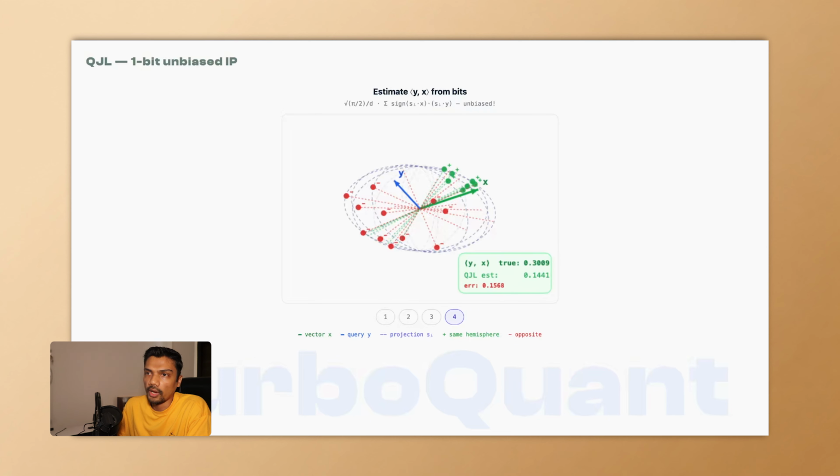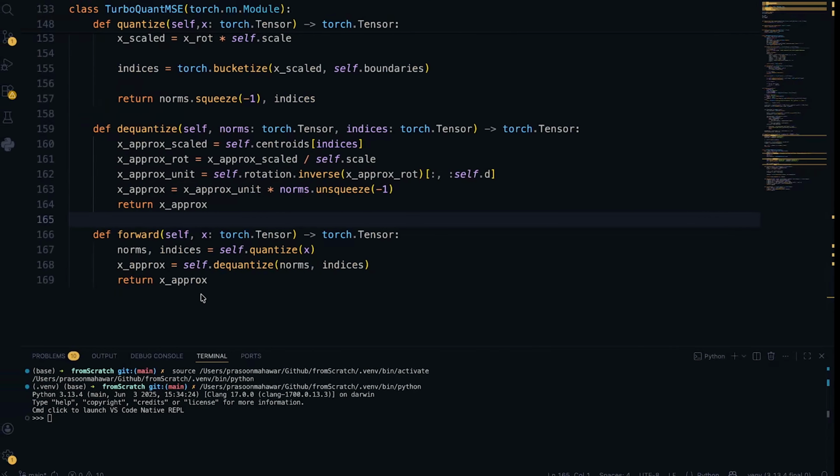This means square root of pi by 2 times sign of s_i dot x times s_i dot y is an unbiased estimator of the inner product of x and y for each row i. Averaging over all d rows gives the QJL inner product estimate, and since each estimate is independent, the variance decreases as 1 divided by d. So now let's implement this QJL class.